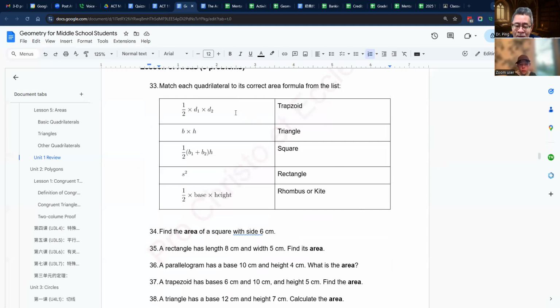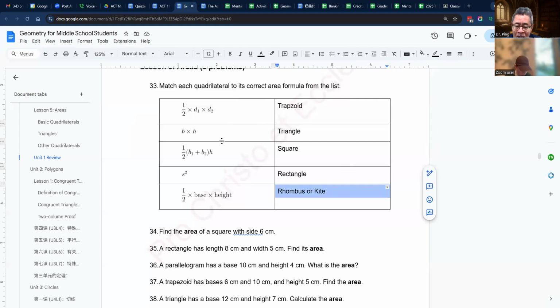So the first one, which quadrilateral is this formula used to find the area? So that could be a kite or a rhombus, okay?